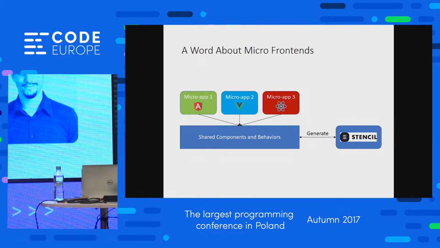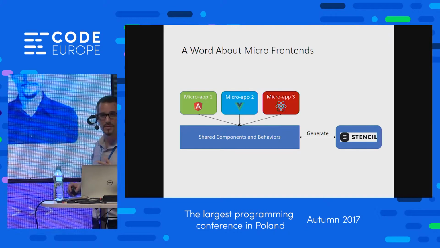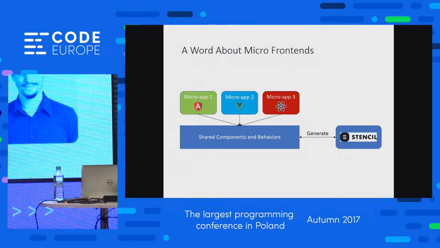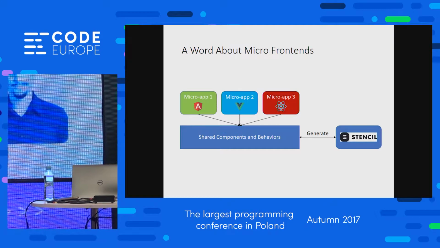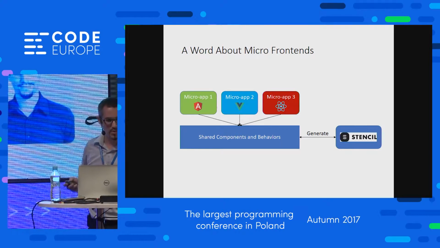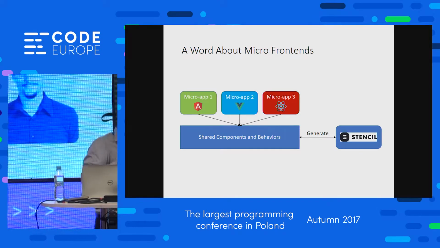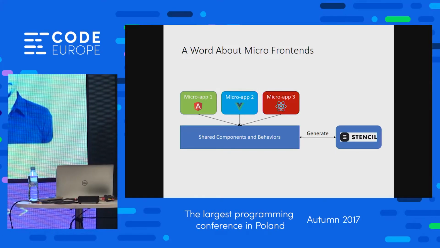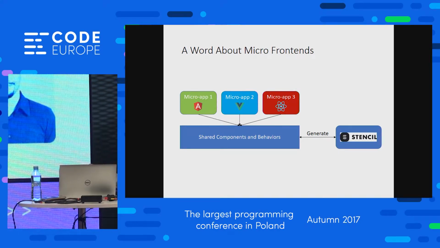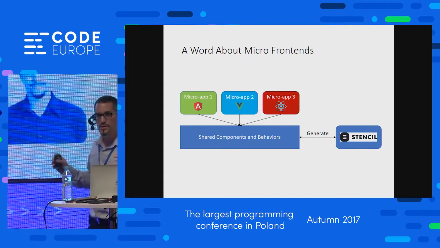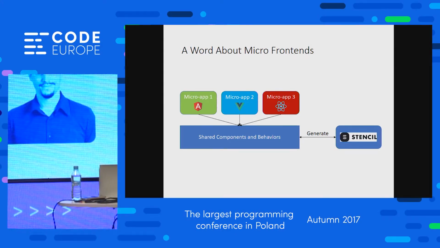There is a session at around 1 o'clock about micro frontends. So a word about micro frontends, okay? In micro frontends, which is the problem that I presented earlier, you have 2, 3, 4, 5 teams in your company which work in different libraries and frameworks, and you want to create shared components and behavior. You can do that because you have the tight coupling with the framework or the library, then you can lift this coupling and just use shared components with Stencil, for example.